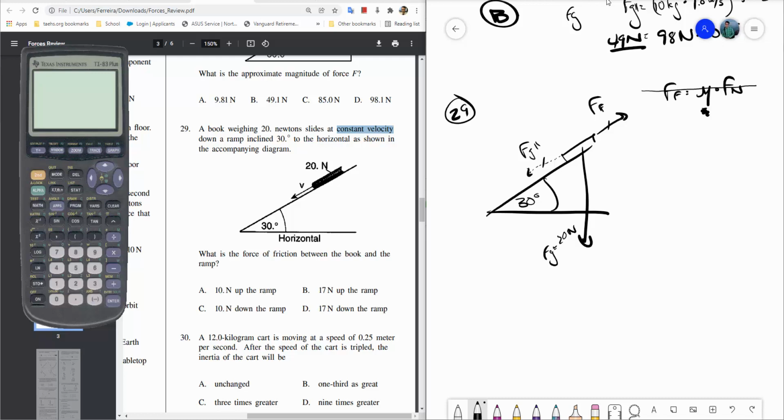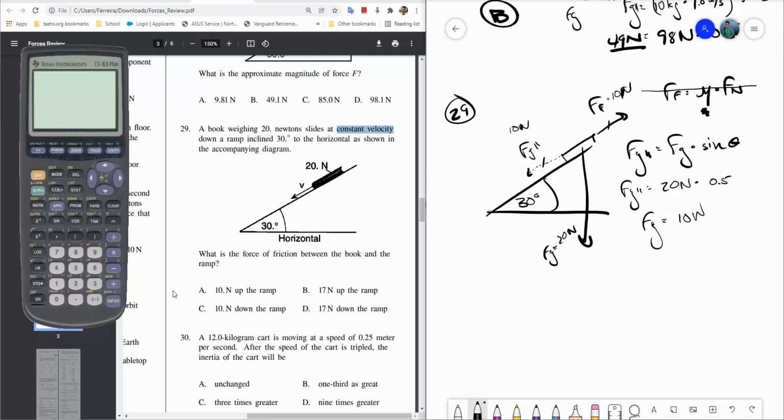So, to get the force of gravity parallel, just like you saw earlier, you're going to take the force of gravity times the sine of theta. The force of gravity they gave us is 20 newtons. The sine of 30 degrees is 0.5. So the answer is 10 newtons. We're going to go 10 newtons down the incline, and to cancel that out, force of friction is going to be 10 newtons up the incline.